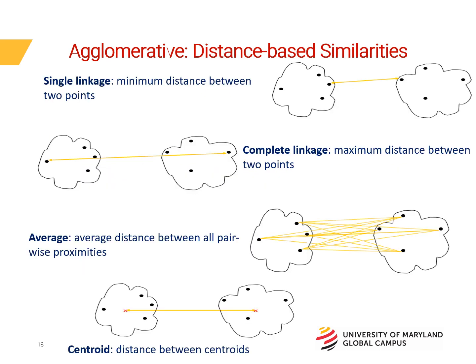So the concept of linkage is a way to measure distances between groups of observations, like between clusters, as opposed to simple distances that measure between individual points. And there are different kinds. There are four types.